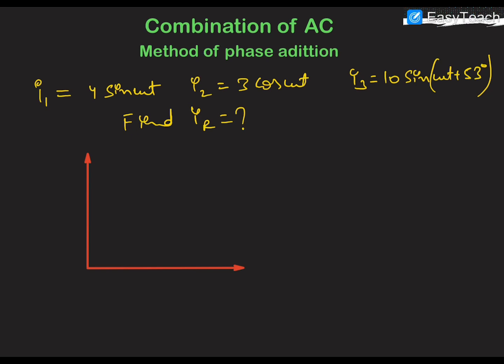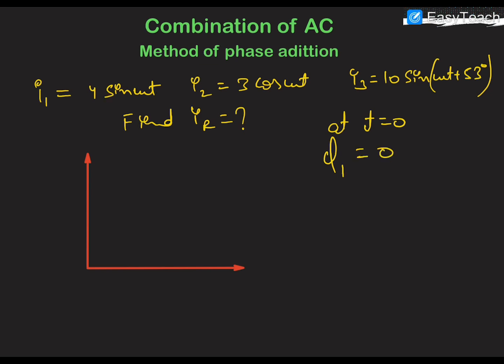First of all, the technique which we are using to combine these currents is called phase addition, and we can say that at t equal to 0, initially the phase of this current, the initial phase of this current, is 0.